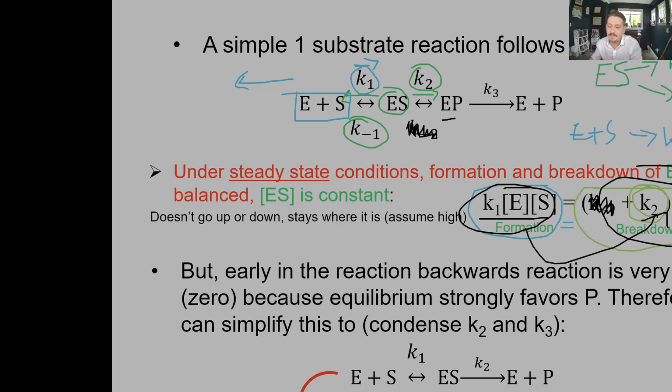But like I said, in the early stages of the reaction, because of Le Chatelier's principle, we don't have very much P, and so it wants to move forwards to the right, and thus it's generally going to be K1 plus K2. And actually we can kind of ignore K3 as well, because it's going to break down rapidly, but we'll get to that in a moment.